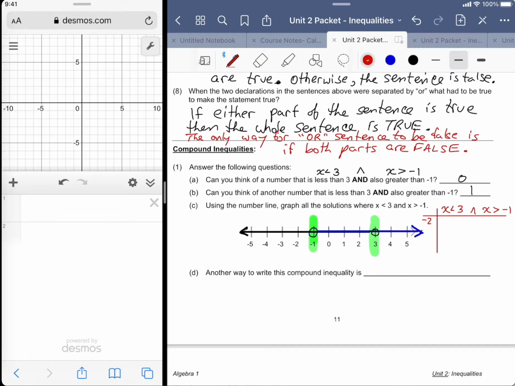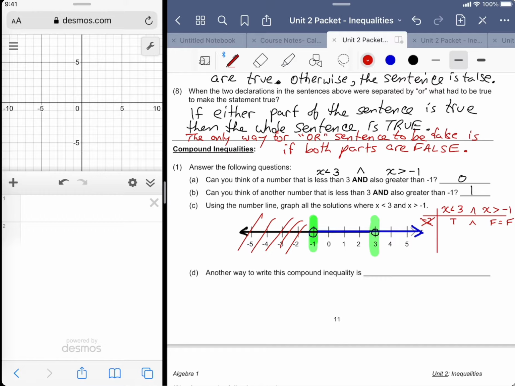That's true. But it's not greater than -1, so that would be false. True and false is equal to false. So -2 would not be a valid number. So it wouldn't be part of my set. So I would have to disregard anything like -2. So maybe -3, -4, -5. All these numbers out here would be out of the mix. I'd have to disregard those.